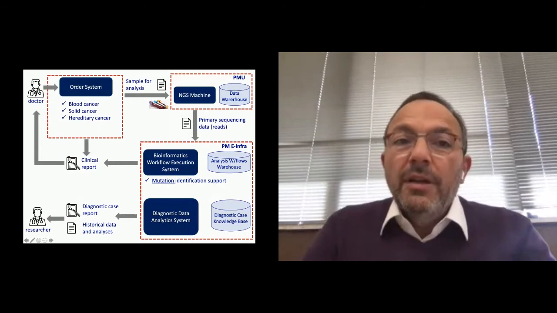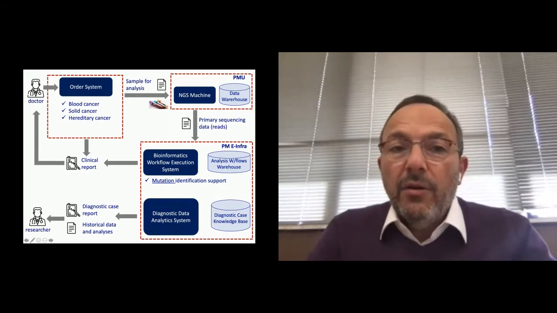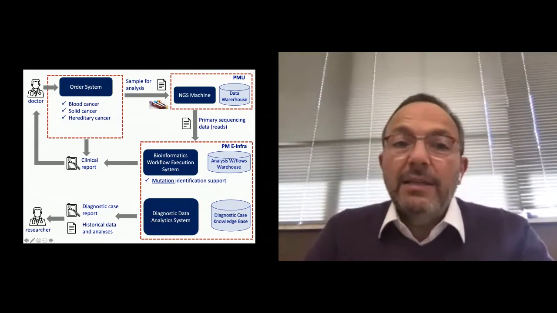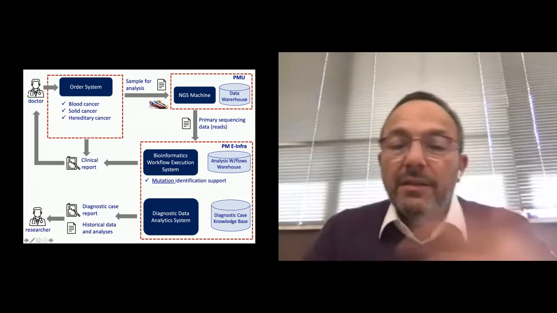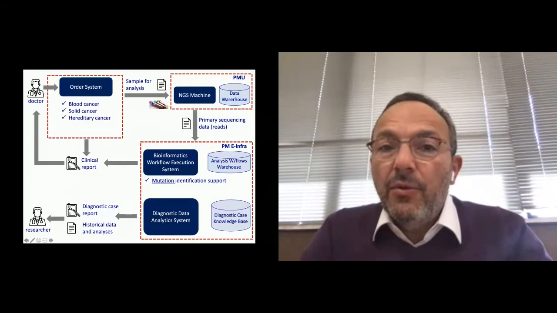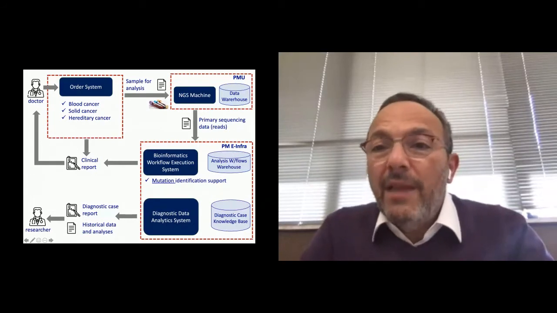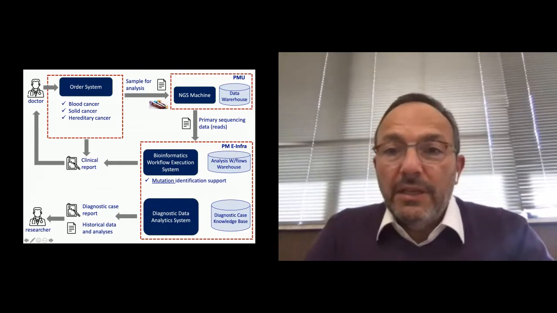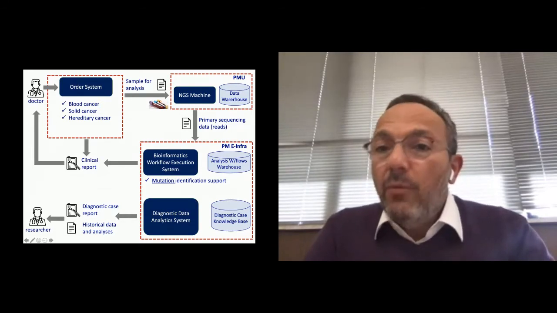A doctor sends, through an order system, a request for genetic analysis for blood cancers, solid cancers, hereditary cancers, and so on. The sample is sent through the system to the relevant precision medicine unit, where the next generation sequencing machine does its wonders, and we collect data.